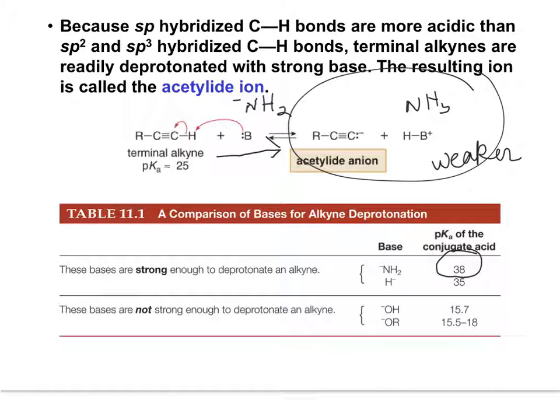This also demonstrates why the alkenes and the alkanes cannot be easily converted into their conjugate bases. That's because even a strong base like NaNH2 would not be strong enough to deprotonate an acid like an alkene, which has a pKa around 44, or an alkane, whose pKa is around 60.